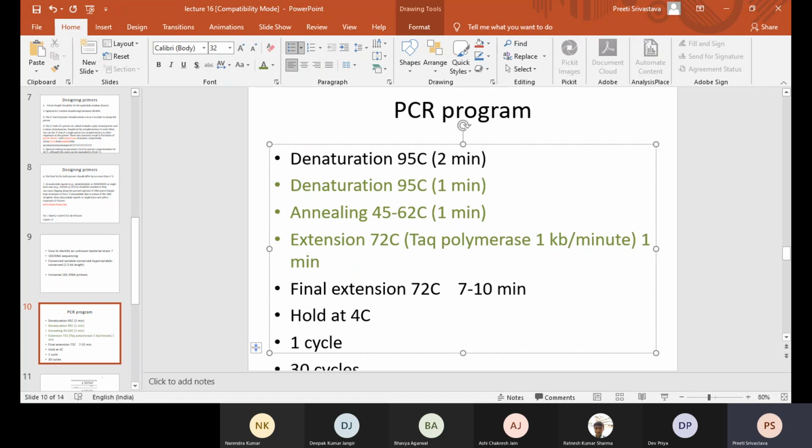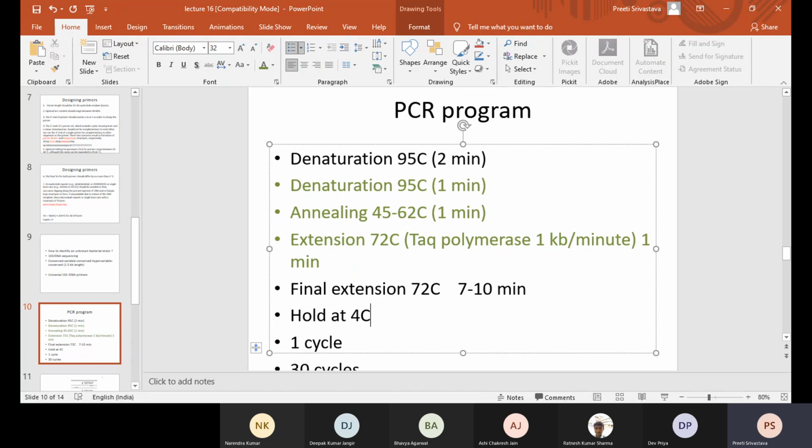People also leave PCR reactions overnight if longer PCR amplicons are expected. In this case, you can keep the thermal cycler at 4 degrees and it will maintain that temperature. Ultimately such a program can result in good amplification.